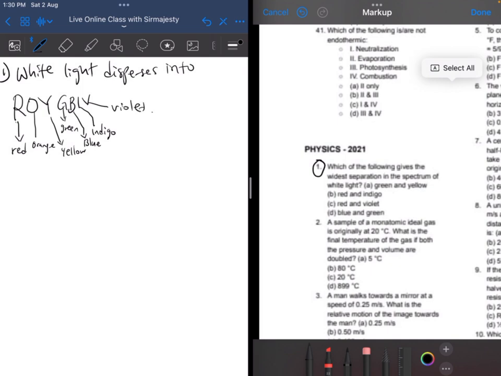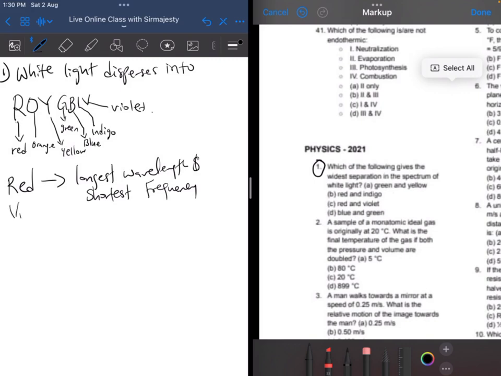According to wavelength, red has the longest wavelength and shortest frequency.